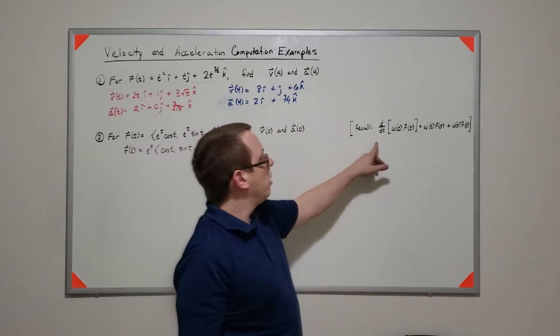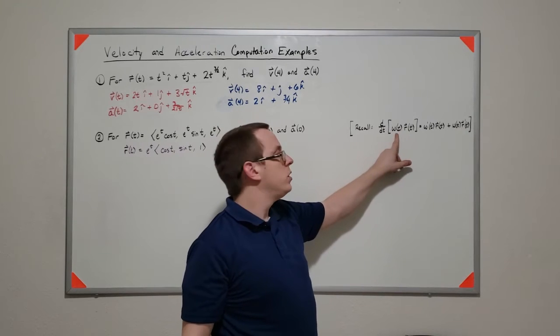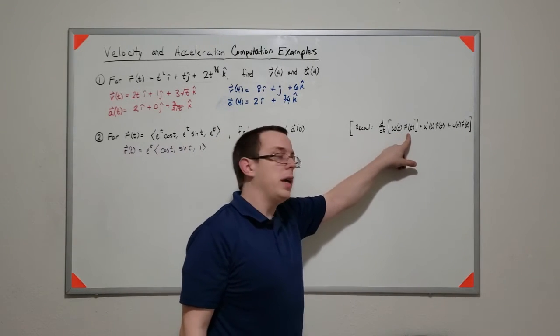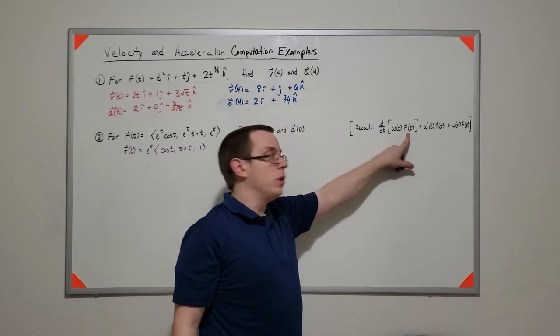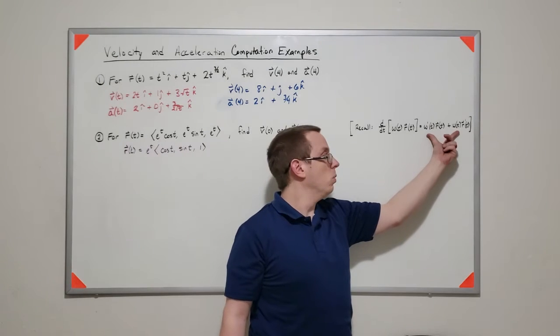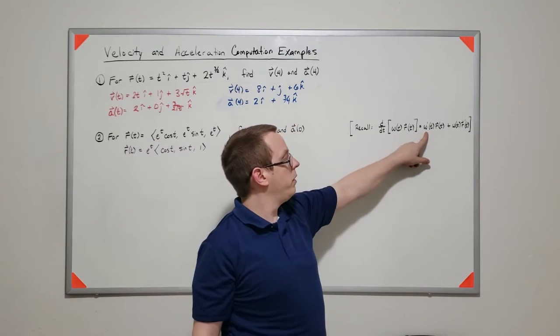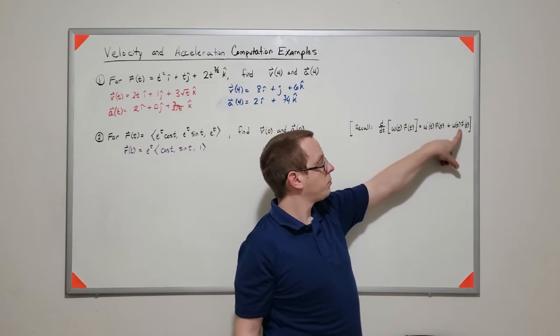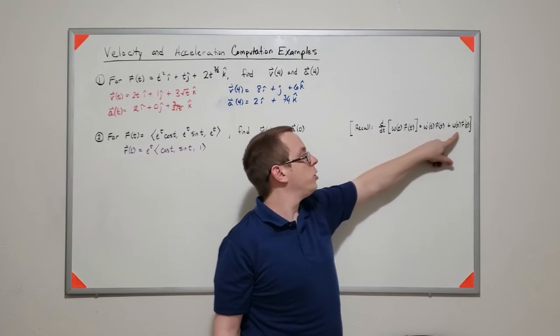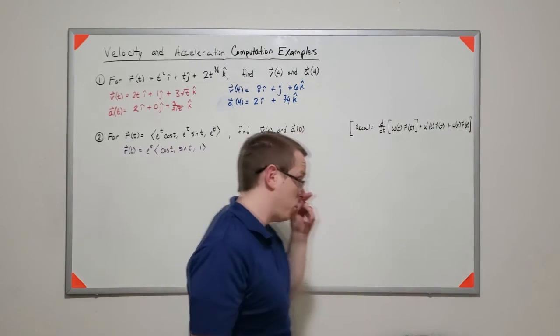So if we come over here, what we notice is that if I have some sort of scalar function multiplied by a vector valued function, then its derivative looks like a product rule. So we'll need the derivative of the scalar valued function, and then we'll need the non-derived form of the position function and the derived form of the position function.